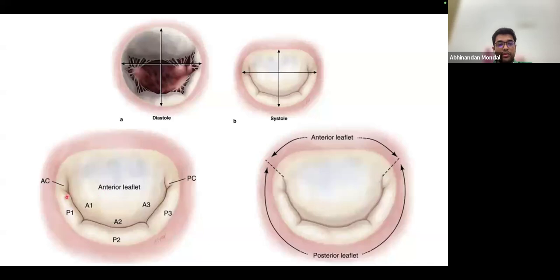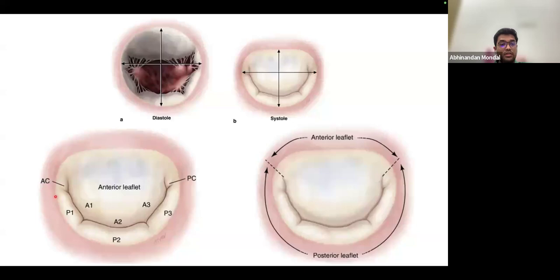The posterior mitral leaflet is divided by three scallops, by two indentations, that is P1, P2, and P3. There is no indentation in your anterior leaflet, but according to Carpenter's classification, we can use the nomenclature A1, A2, and A3 with the corresponding posterior mitral leaflet scallops.